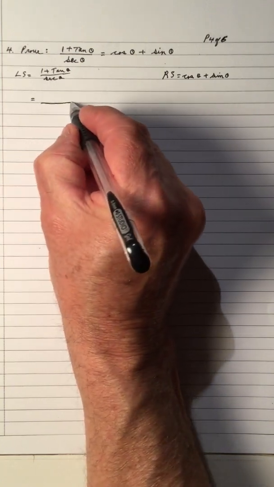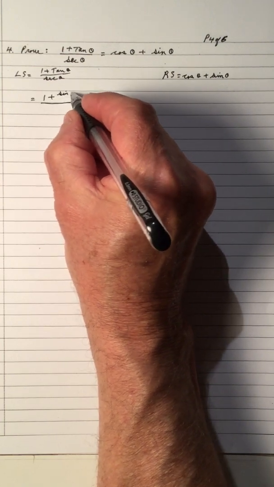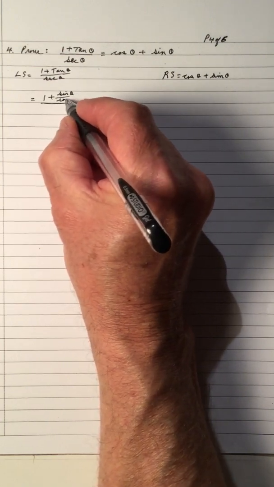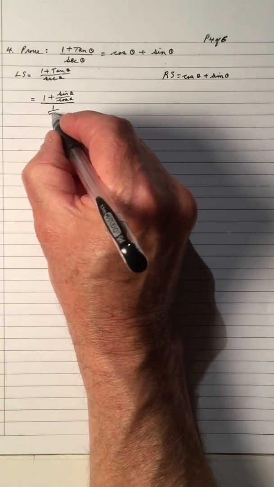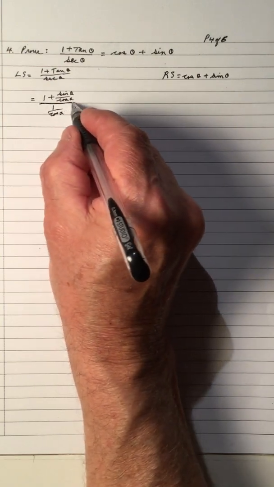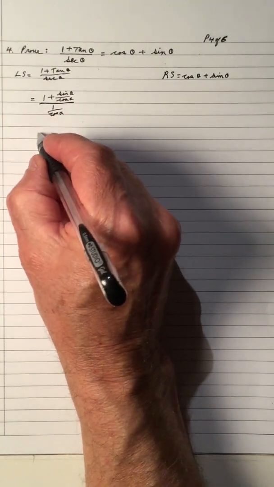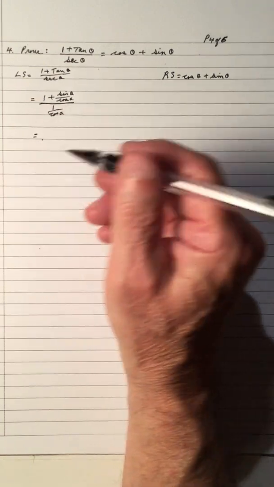So 1 plus tan is... Tan is sine over cos. Sine theta over cos theta. Secant is 1 over cos. Okay, notice this is... So, what I do is that I simplify. I can do this two ways.